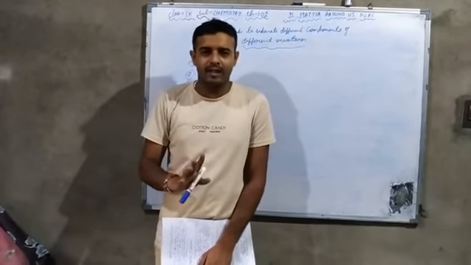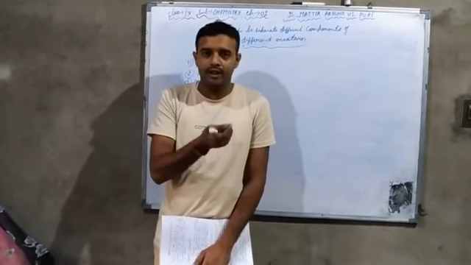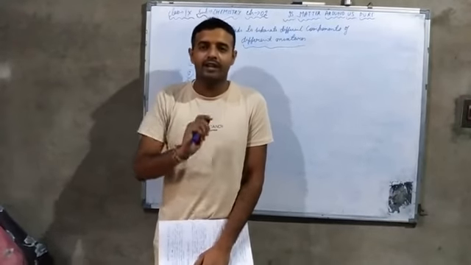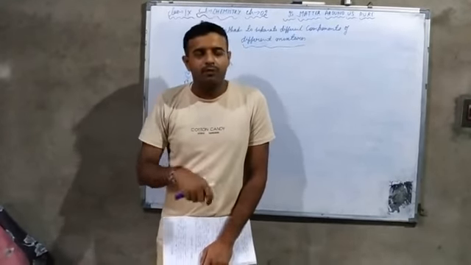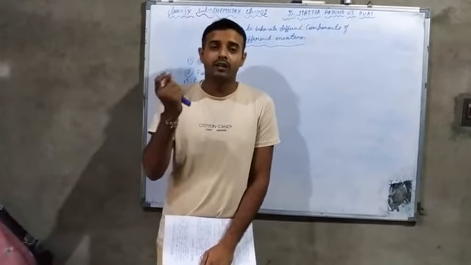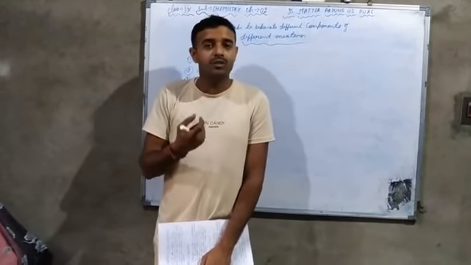And suppose we have a mixture of two solid substances. For example, ammonium chloride is a fine solid, and salt is also a fine solid. They both have the same color, white. So how can we separate ammonium chloride from salt? The method is sublimation. Why will we use sublimation?